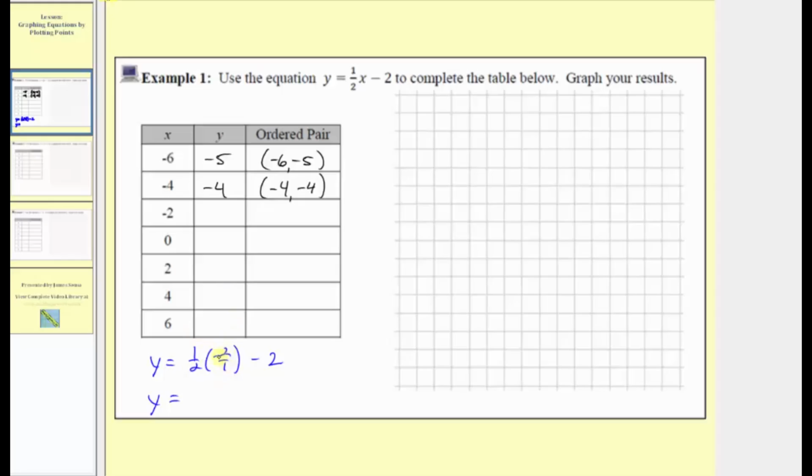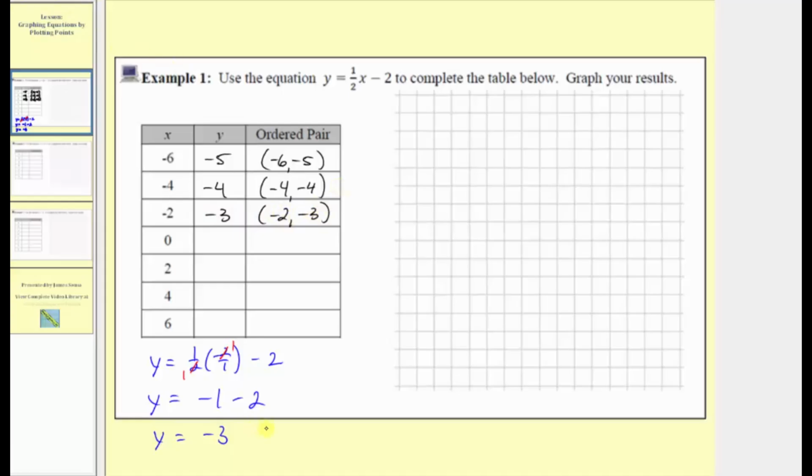Or simplifying, we have a common factor of 2 between 2 and 2. So we have 1 times -1, which is -1, minus 2. So we have y equals -3. So when the input is -2, the output is -3. So the ordered pair is -2, -3.